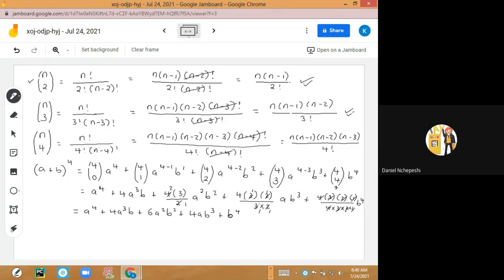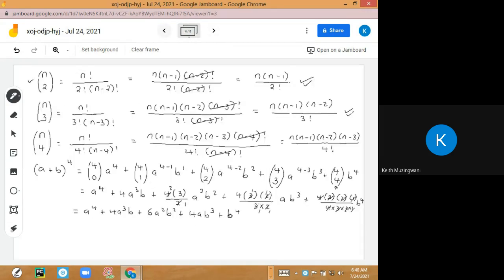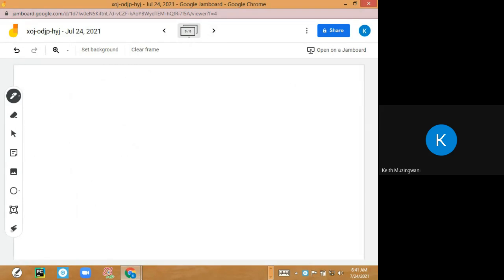Yes, sir. Thank you. Okay. So you've seen that the formula is actually giving us what Pascal's triangle gave us. Except that this formula now can be written, instead of us having it in this general way of n choose 0, n choose 1, we can as well choose to write it as (a + b)^n.